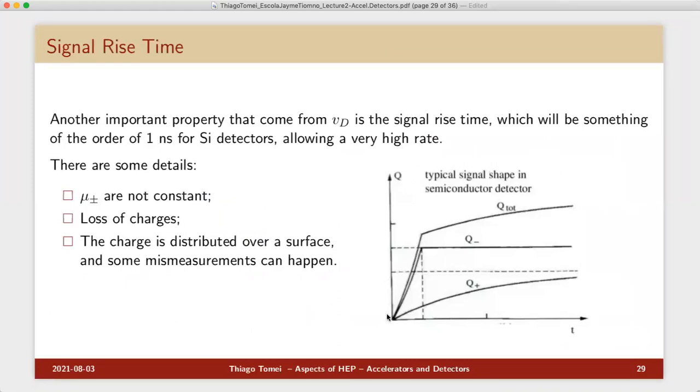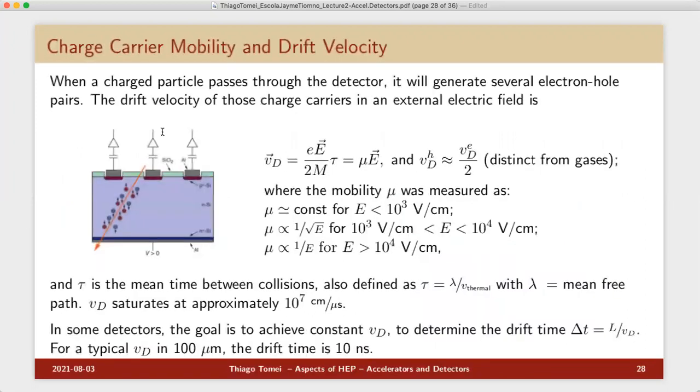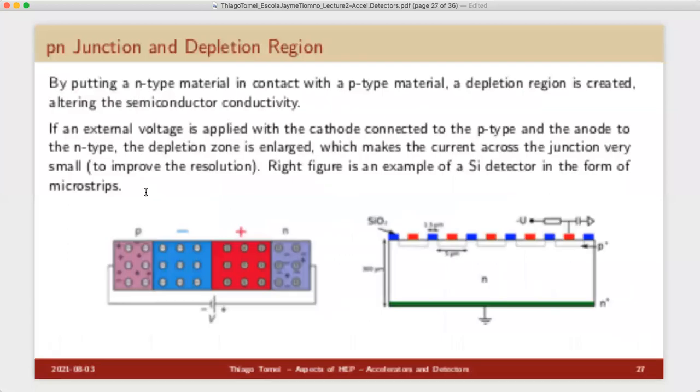The rise time, this time here, where you see the induced charge in your electrodes, is something on the order of 1 nanosecond, which is very fast. So that means that you can have, let's go back to slide 28, a lot of particles coming through very fast, and you will be able to see the signal of them all.